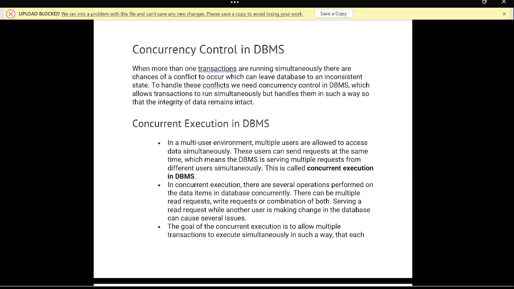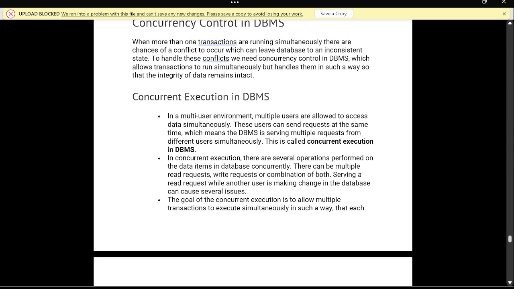When there is a multi-user environment, when multiple people are allowed access to withdraw cash, or are placing a number of requests and also receiving requests, that leads to concurrent execution of the database.